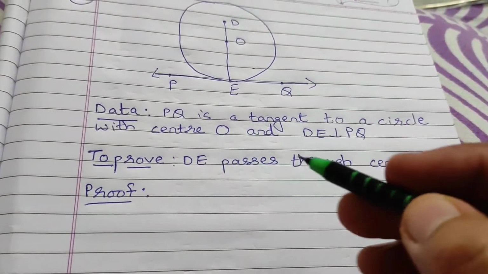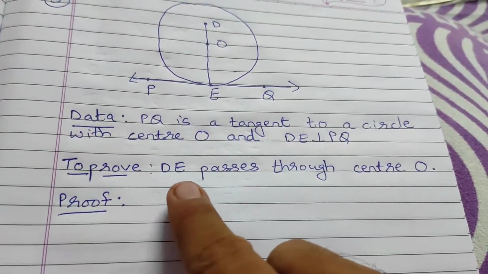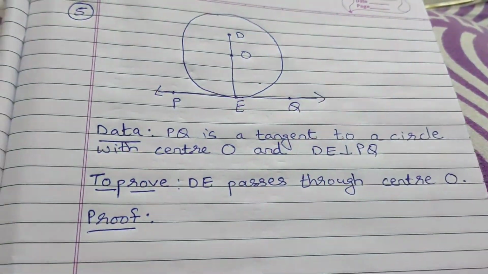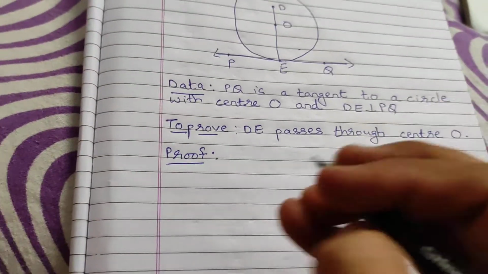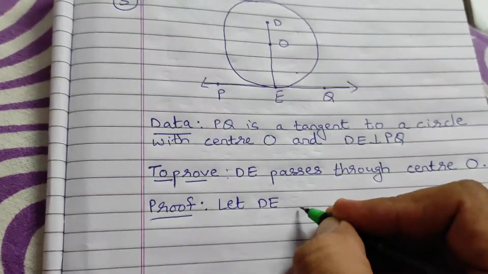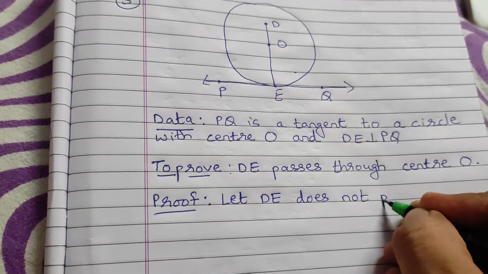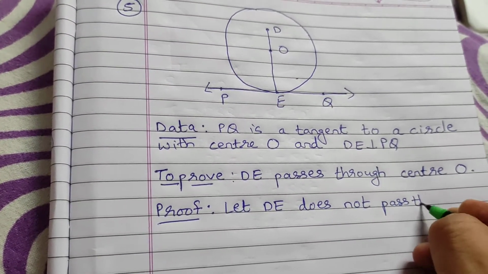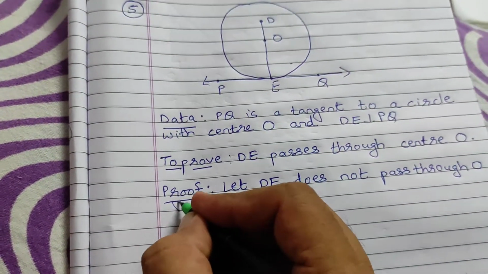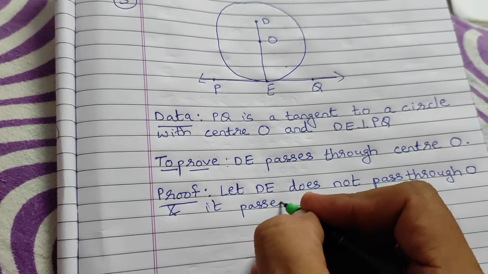So students, we will prove this by contradiction, as we need to prove that the perpendicular DE passes through O. Let us suppose that DE does not pass through O and it passes through O dash.